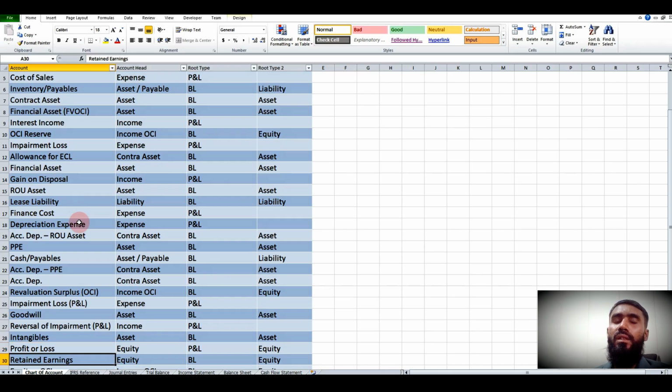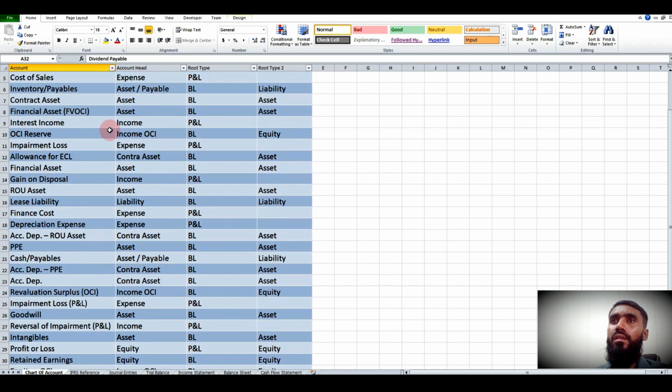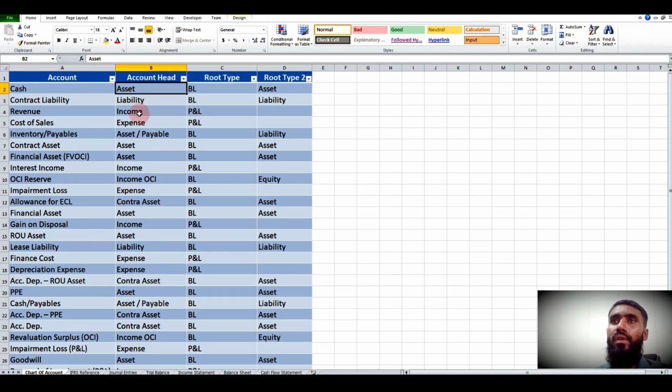Profit or loss is a closing account entry, retained earnings, equity, dividend payables. On the other hand, I have created account heads: which is the asset, which is the liability, which is the income, expense, payable, other comprehensive.